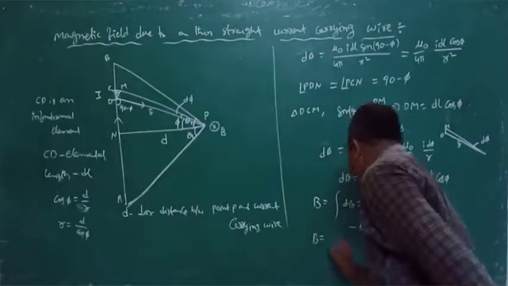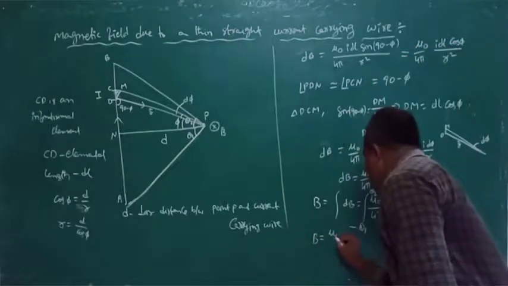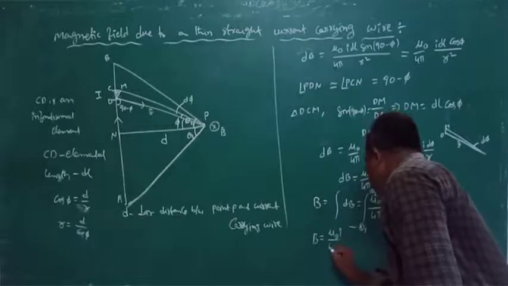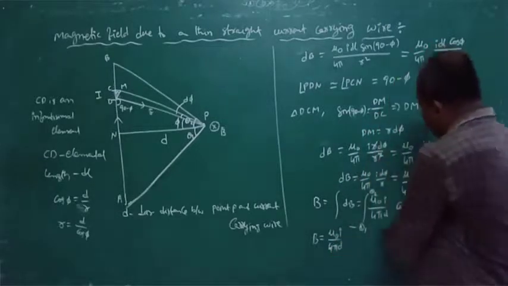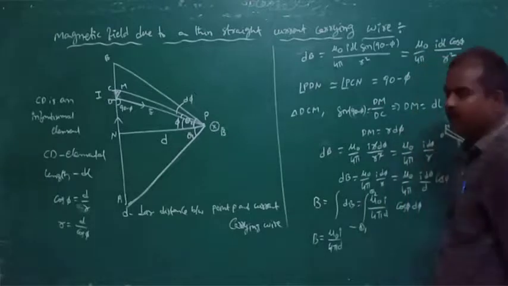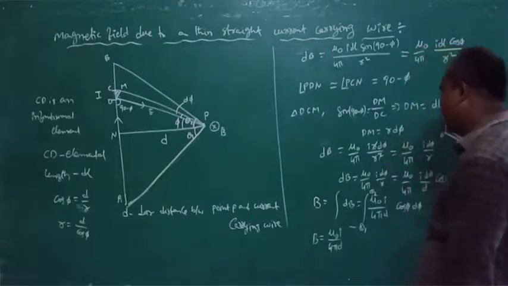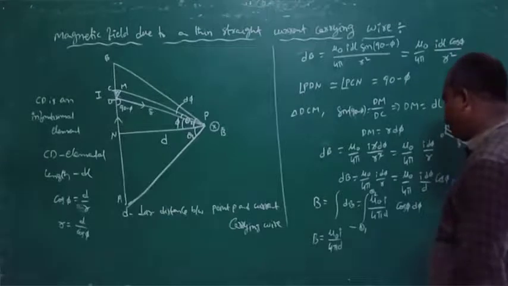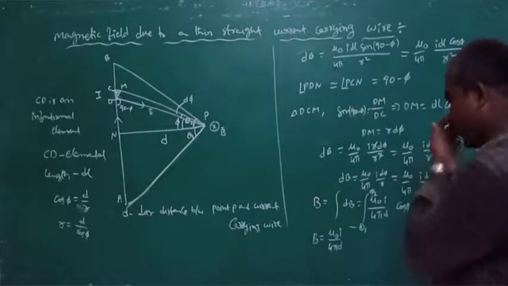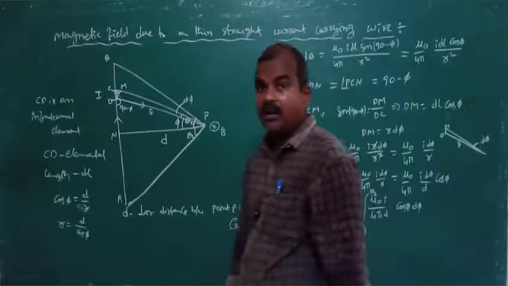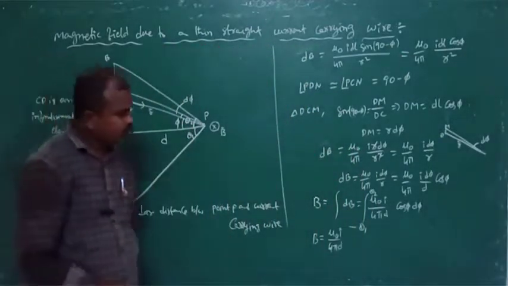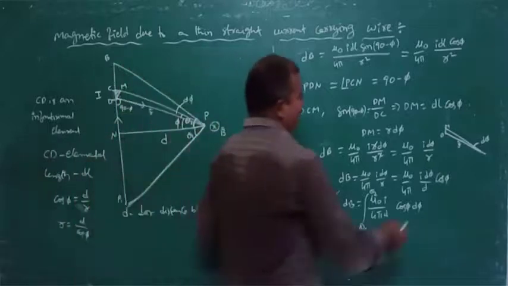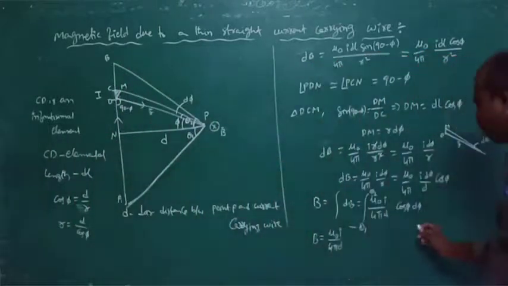Therefore, B is equal to mu naught I by 4 pi d, which are fixed values, times the integral of cos phi d phi. The integral of cos phi is sin phi.